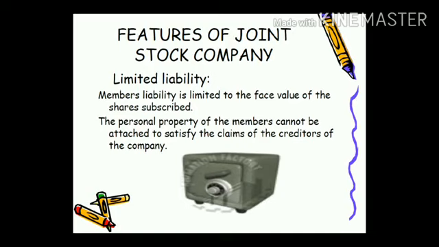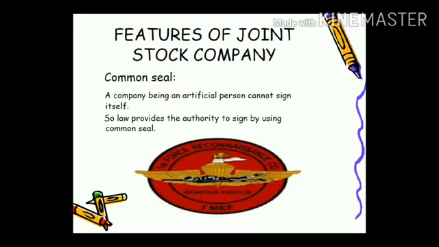The next important feature is common seal. A company being an artificial person cannot sign itself. So, the law provides the authority to sign by using a common seal. And this common seal is the official signature of the company. If a company does not have a common seal, then the person signing the document should be authorized by a board's resolution.